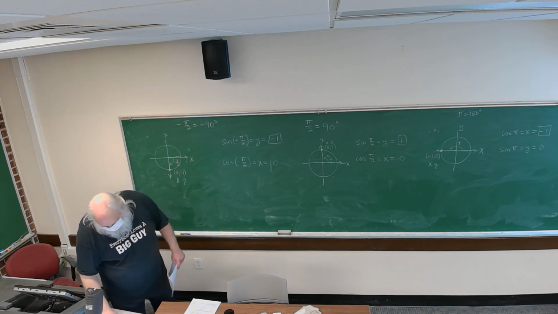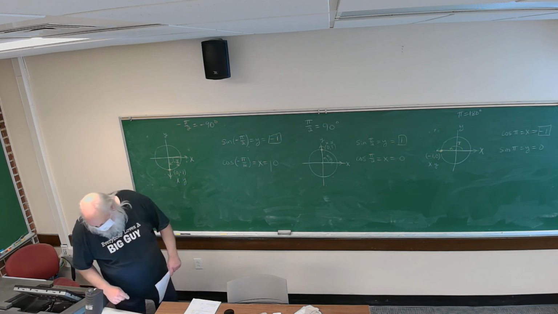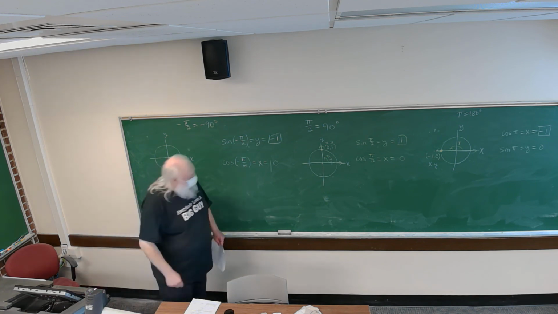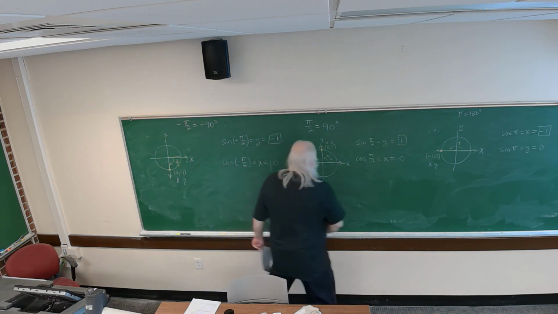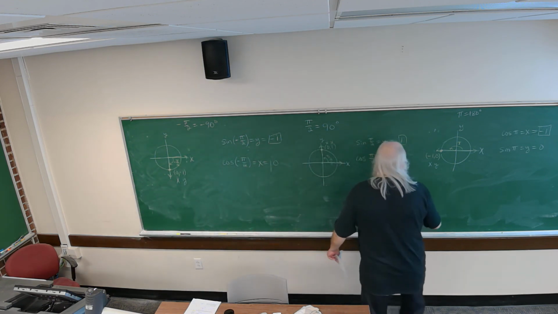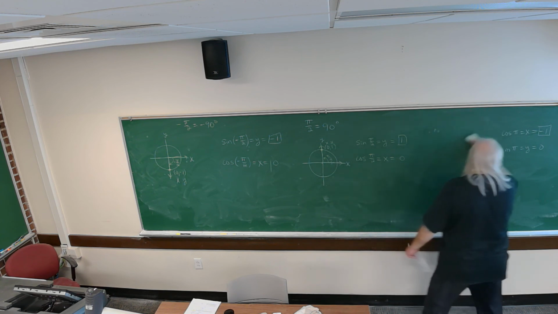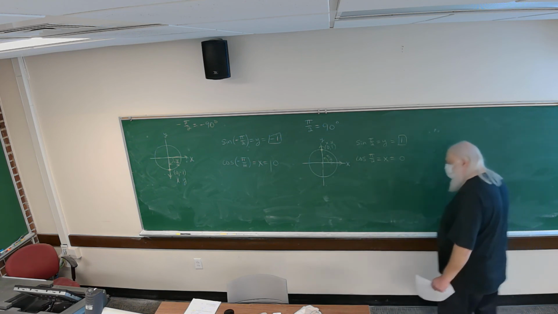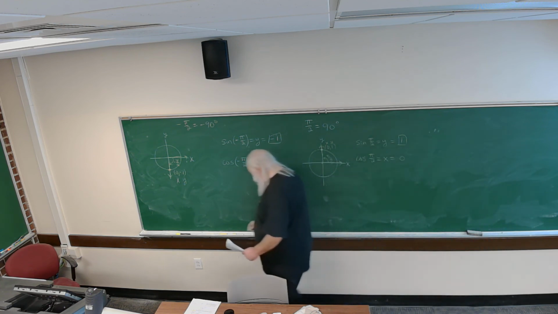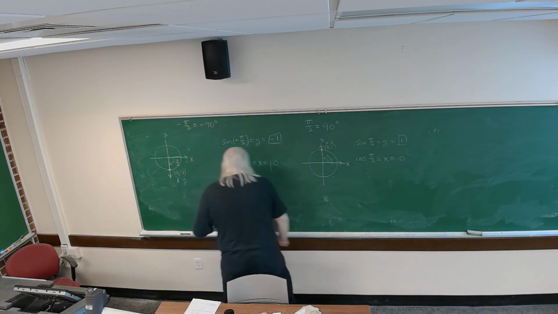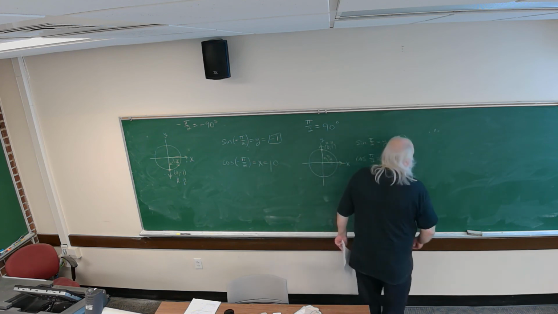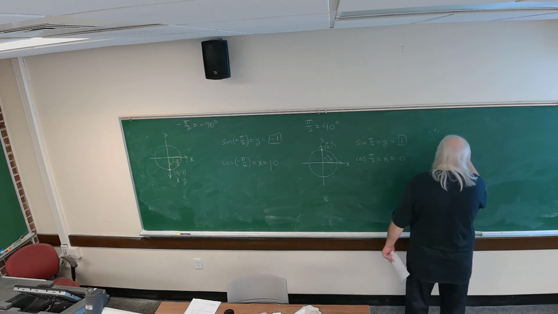All right, the signs of the function values sine t and cosine t are determined by the quadrant in which the point P lies. Okay. Remember, the point P is determined by the terminal side of the angle. So I'm going to draw the unit circle again.